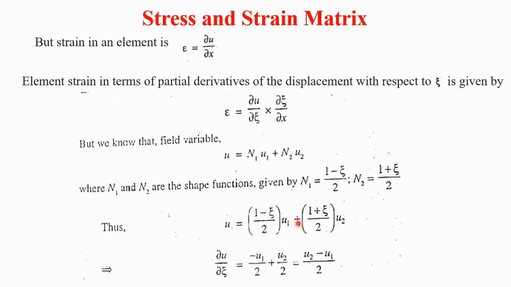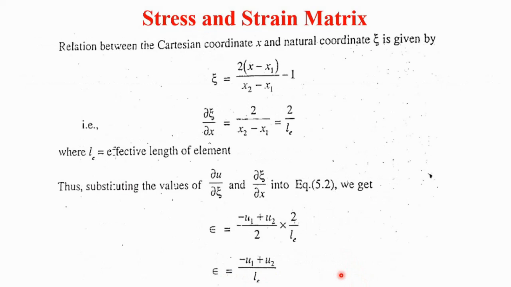Then plus the derivative of (1 plus zeta)/2, which is 1/2, since the derivative of zeta is 1, times u2, that means plus u2 by 2. This simplifies to ∂u/∂zeta equal to (u2 minus u1) divided by 2.